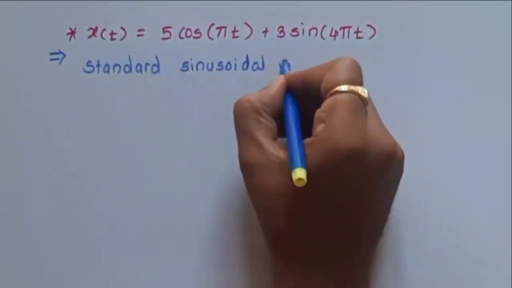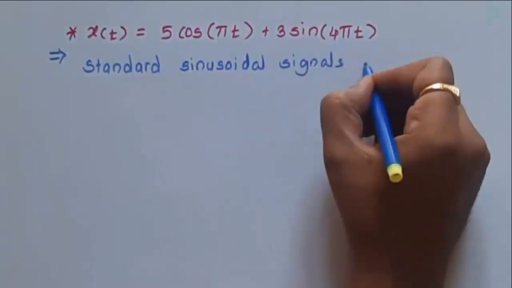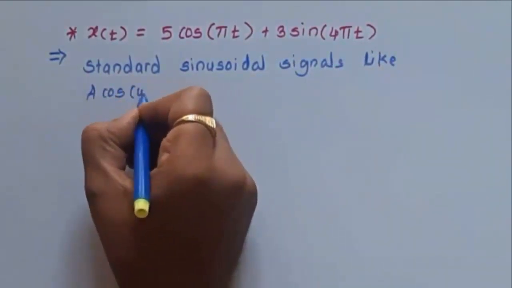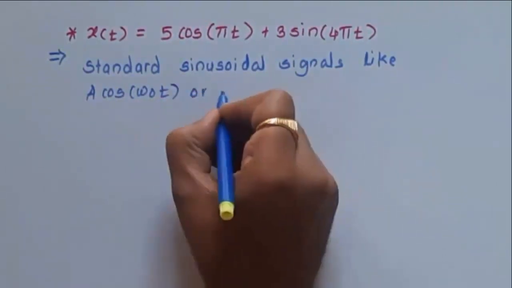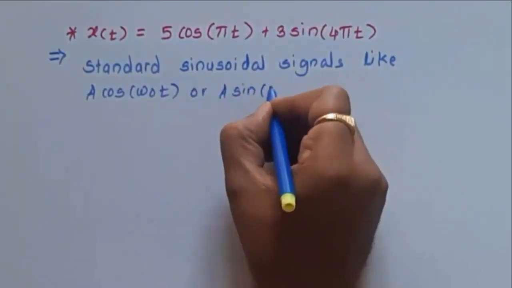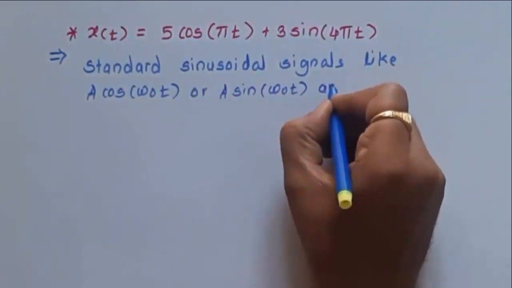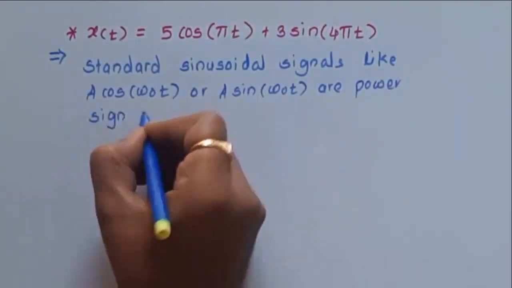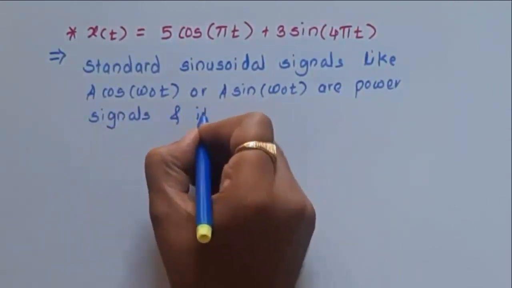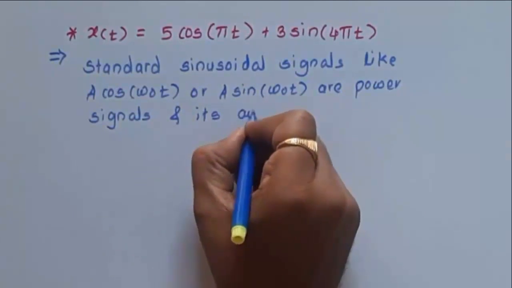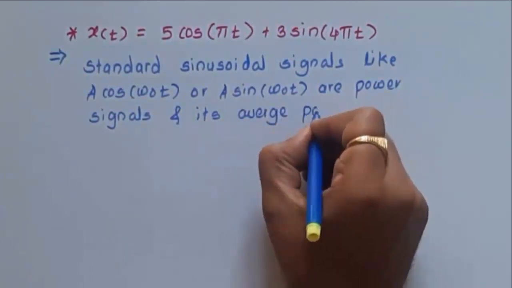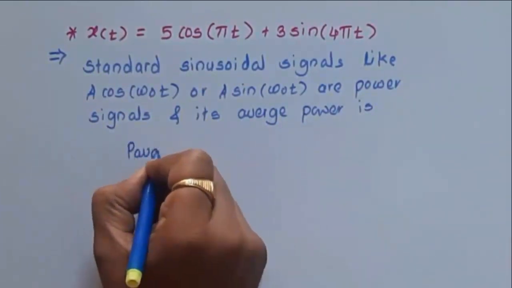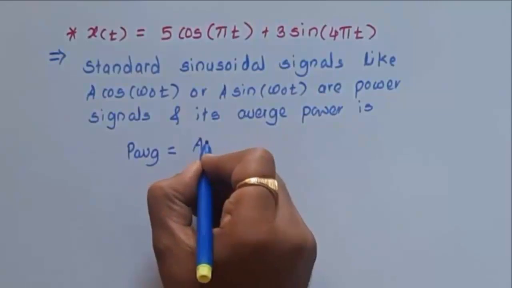We know that standard sinusoidal signals of form A cos omega 0 t or A sin omega 0 t are power signals, and its average power is A square by 2.